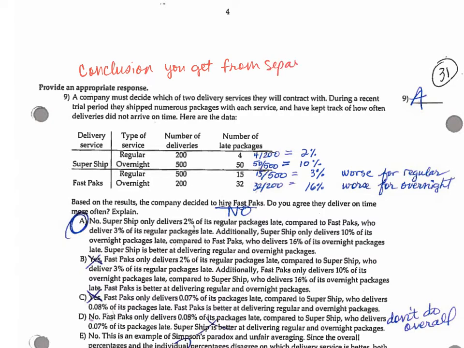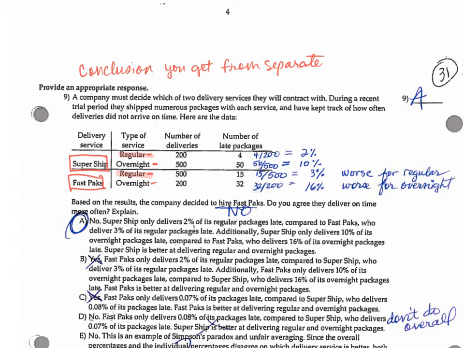Okay, so let's look at the conclusion we get from the separate groups. When we look at this company, Fast Packs, versus this company, Super Ships, they split them. They separated into, are we talking regular or overnight? So what I want to do is compare the regular Super Ships to the regular Fast Pack.